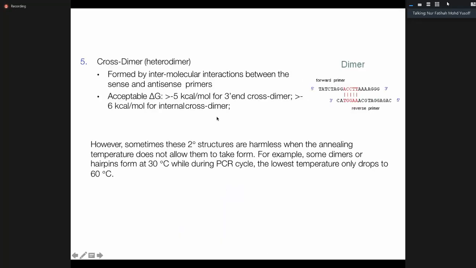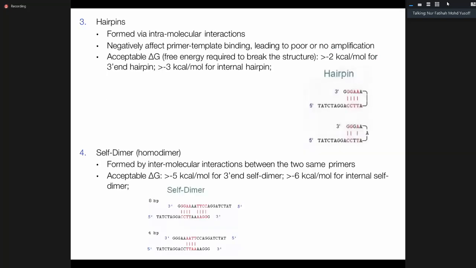Doktor, what is the difference between internal hairpin and the other one? Internal hairpin, basically you look at the position of the hairpin. If the hairpin occurs at the end of the 3', then that is considered as the 3' end hairpin. If you look here, this is internal because it is near the end, but it's not exactly at the last nucleotide.